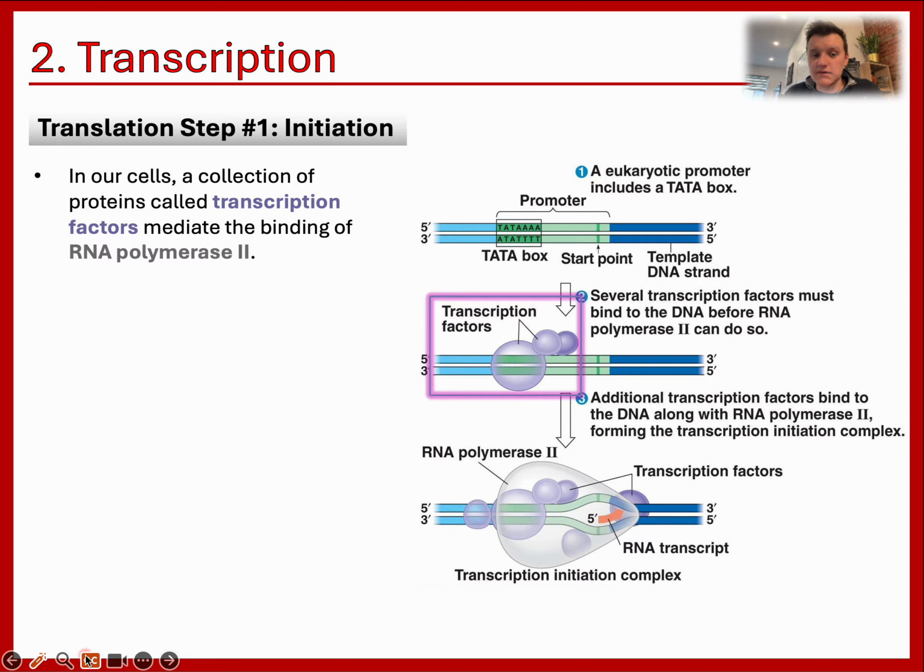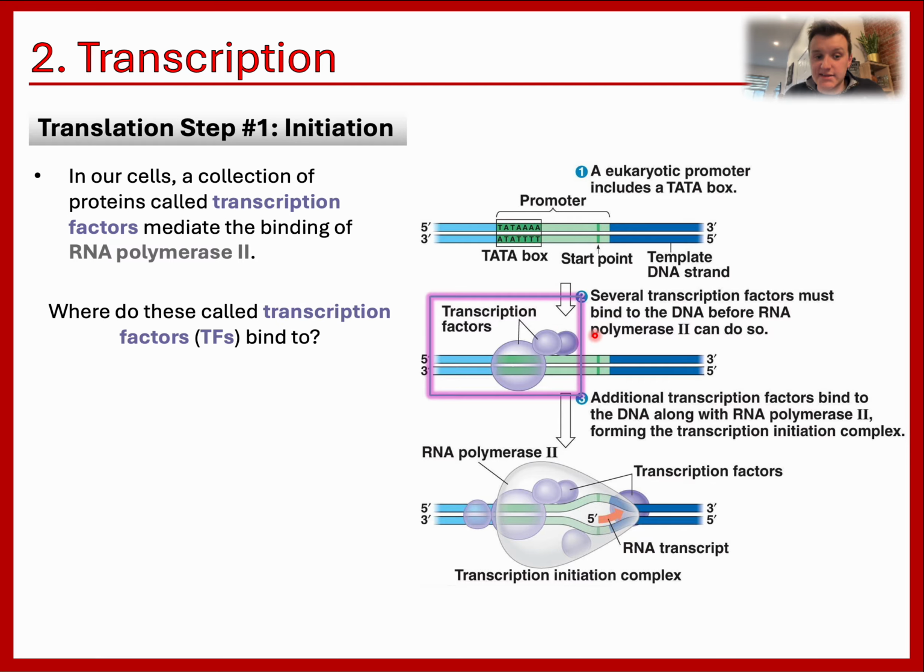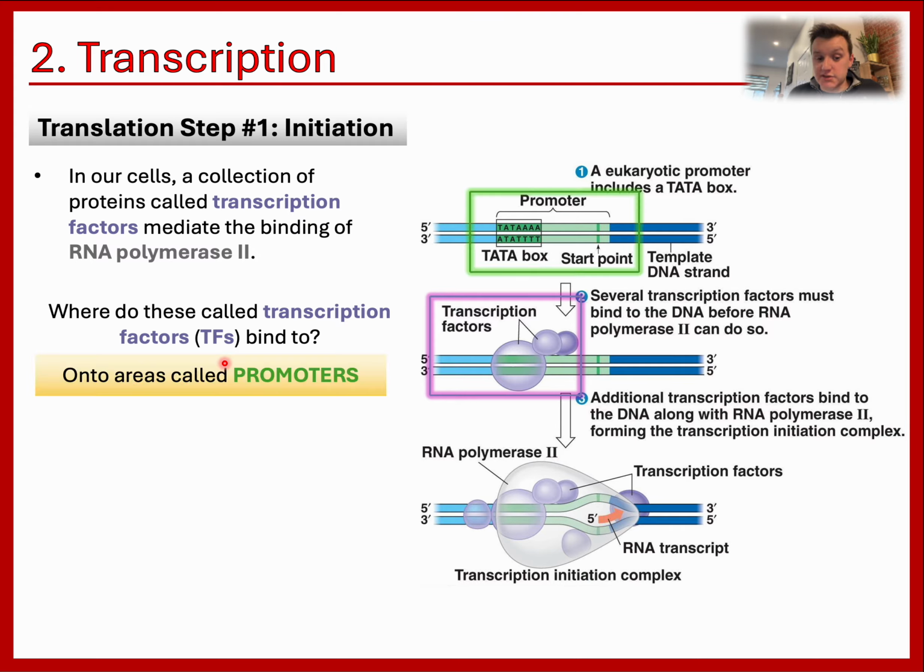In our cells, a collection of transcription factors mediate the binding of RNA polymerase. Here you see a piece of DNA, and a bunch of little transcription factors bind onto that DNA. Where do these transcription factors bind to?